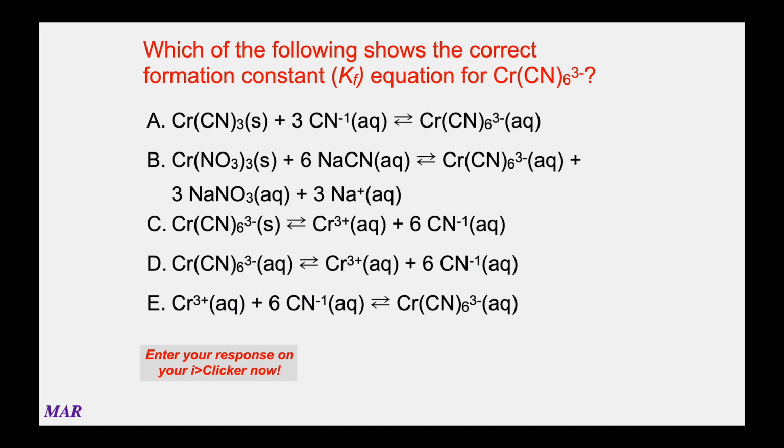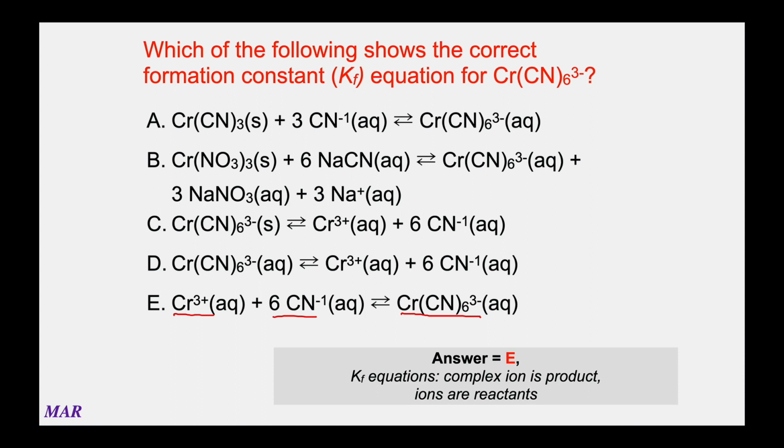So if you look through all of these examples, the very last one, this is the complex ion, CrCN6 3-, and everything that's needed to go into it would be a chromium 3+ and 6 cyanides. So with all of those answers right there, it's going to be E. The complex ion is supposed to be the only product, and whatever's needed to go into it as ionic forms is going to be a reactant.